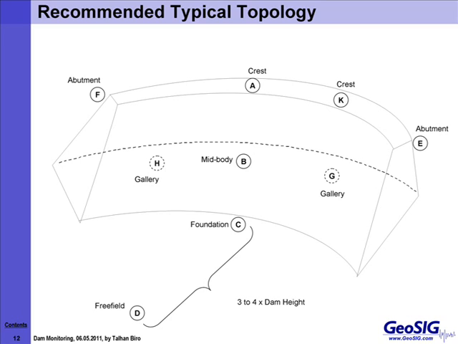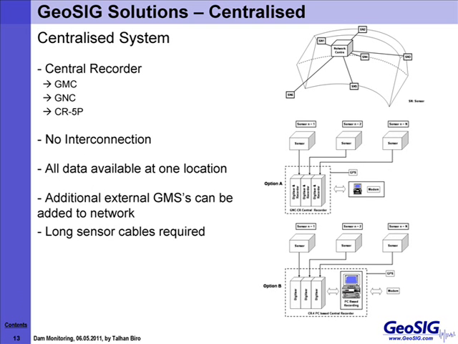So basically this will constitute about 8 to 9 positions to be monitored in a proper and well-designed dam instrumentation topology. Let's see what we can offer for this kind of instrumentation.